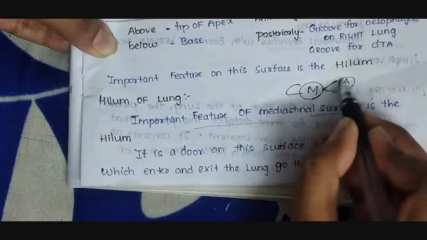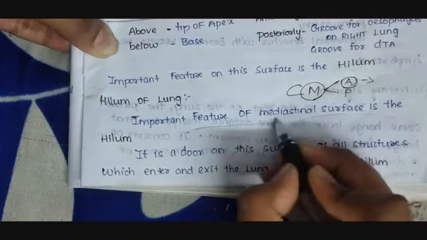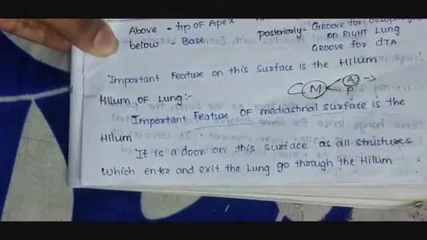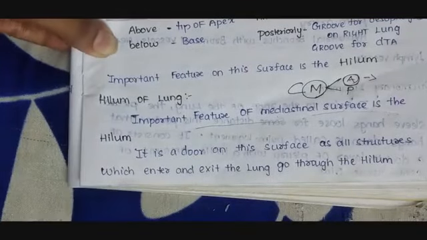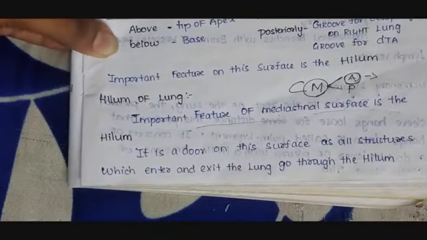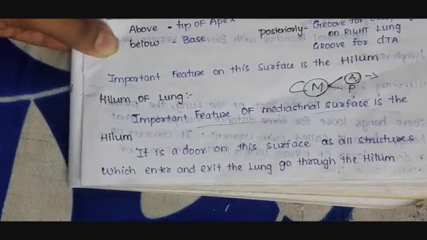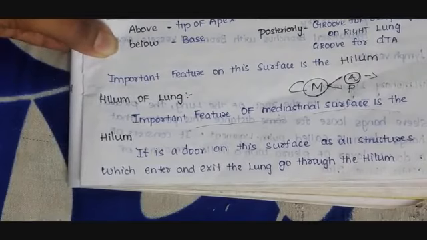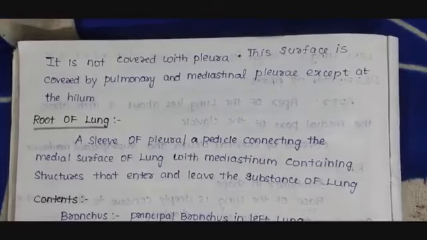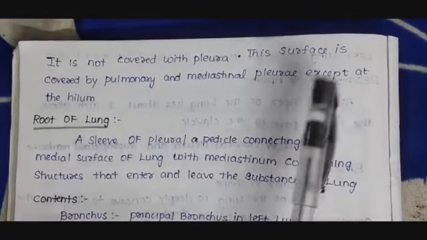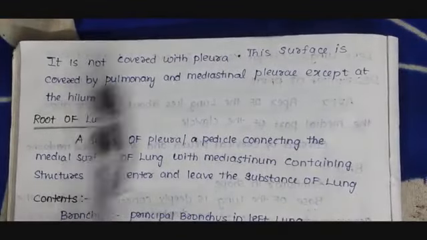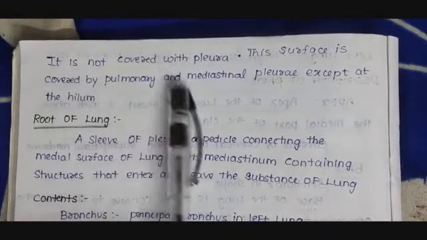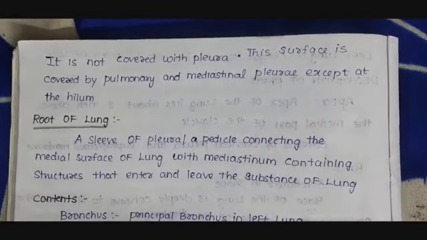The anterior part is referred to as the mediastinal part. This hilum is more or less like a door, via which all the structures enter and exit the lung. And this mediastinal surface, except at the hilum, is covered by pulmonary and mediastinal pleura.